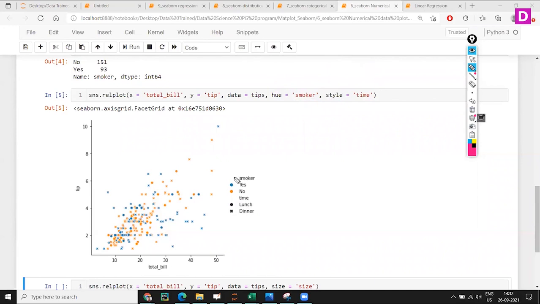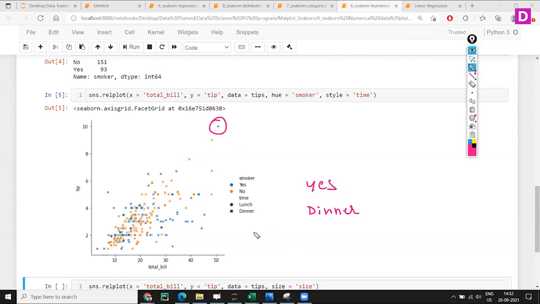So this will help us to identify particular customers. Let's try to understand this. I hope it is visible to everyone. This is blue and it is a cross mark, right? What is a cross? Cross is dinner. And which color is it? It is yes.